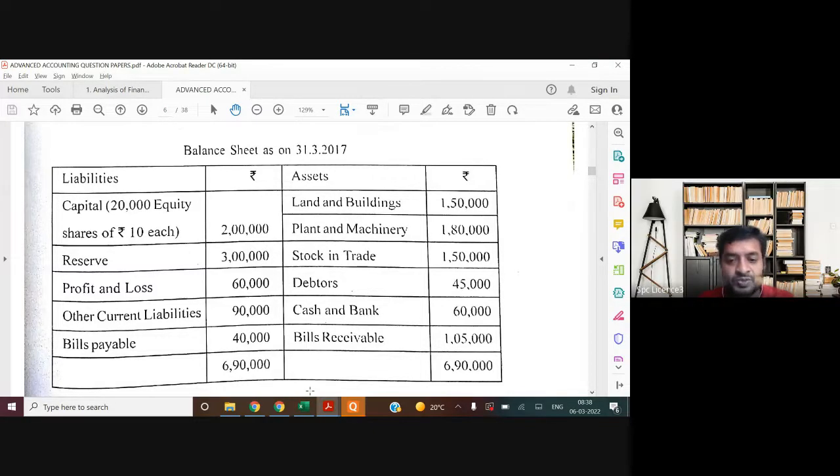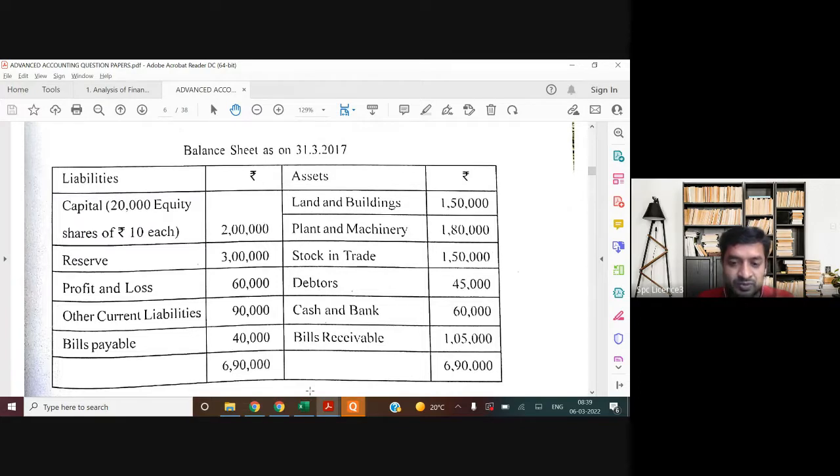Okay, if I ask you how efficiently debtors are managed, how efficient is the receivable department, do you know? Can you find it out? I'm asking you, can you rate the efficiency of receivable management?